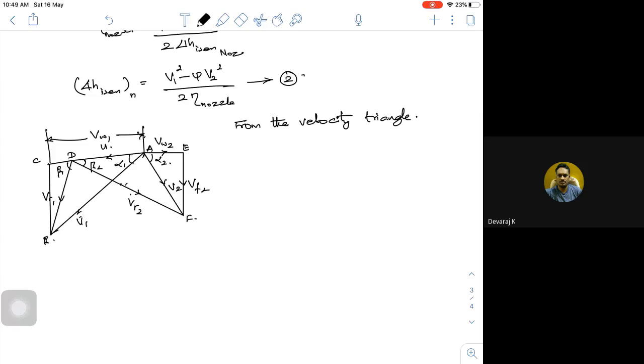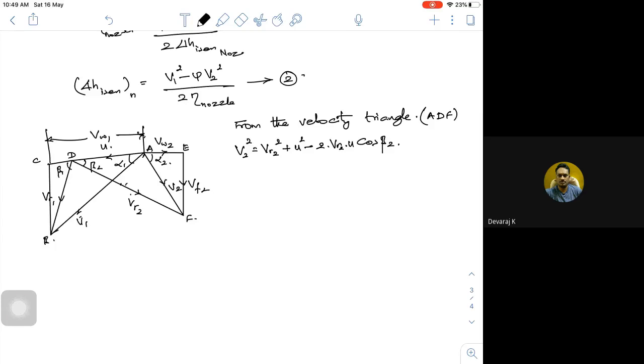If I consider the triangle ADF, I can write V2 square is equal to VR2 square plus U square minus 2 into VR2 into U into cos beta 2. Fine. So this is what I have actually.